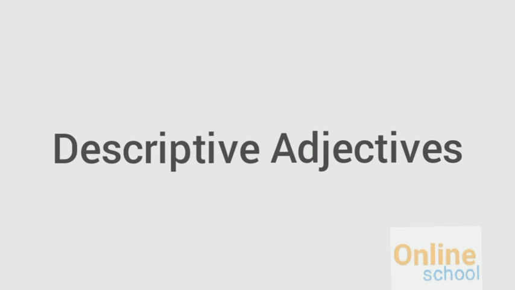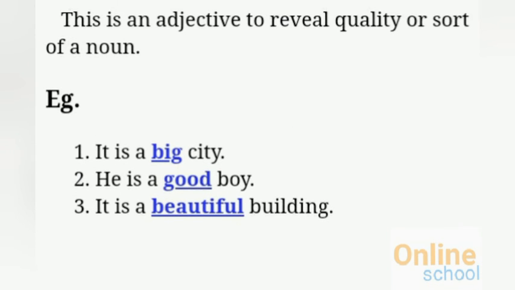They are used to provide more information to a noun by describing or modifying it. They reveal the quality or sort of the noun. Example number 1: it is a big city. Number 2: he is a good boy. Number 3: it is a beautiful building.